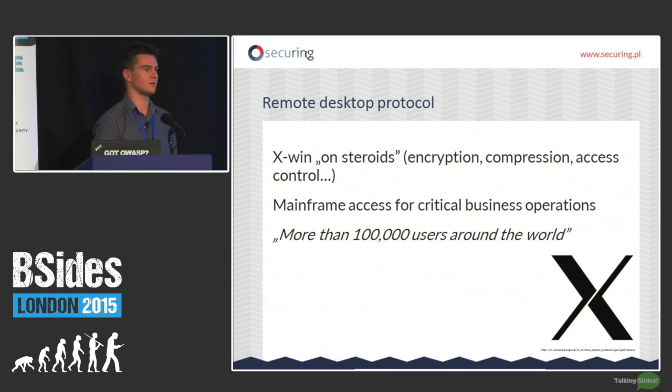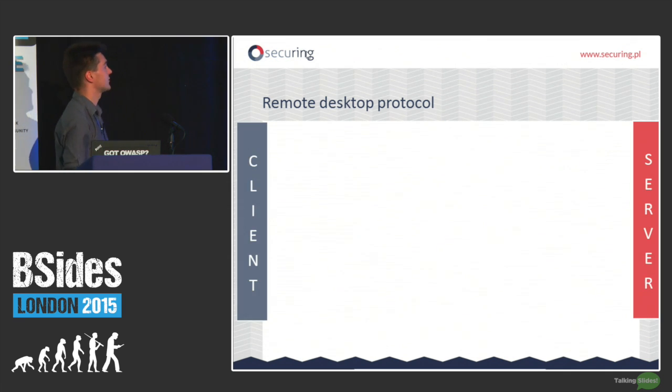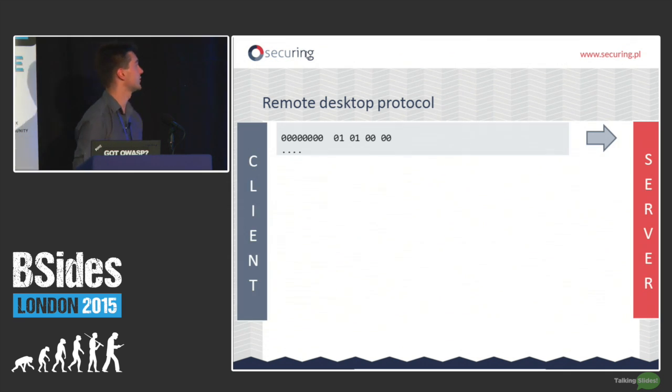We've seen it in one of the banks, used for critical business operations. They claim that they are validated with the FIPS norm, which is quite strict, and that they provide end-to-end data encryption. So let's see if it's really end-to-end encryption.